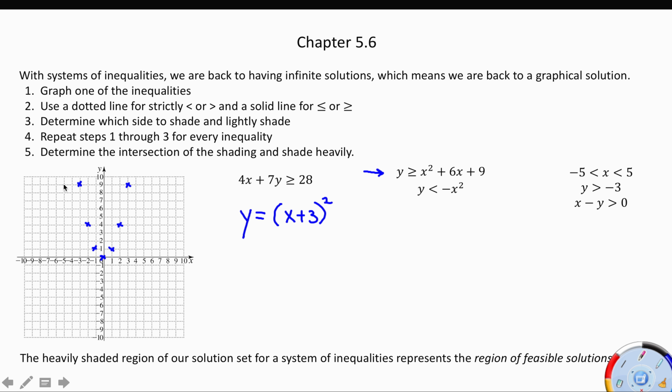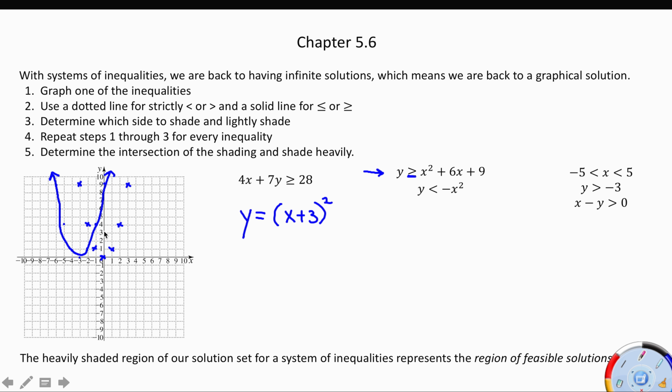So I'm going to go left 3 for each of the points. And solid line. I'm going to connect these points with, hopefully, my parabola. I'm sorry, I can hardly draw on this tablet.